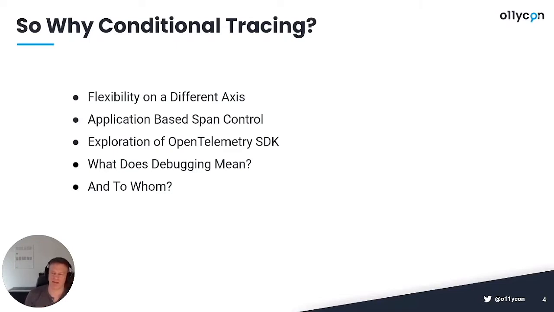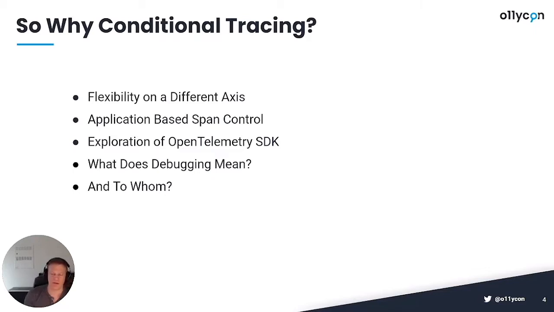It's the application itself deciding when and where it should be producing a trace and when and where it should be sampling one. In some ways, this is an exploration of just what you can do with OpenTelemetry, because I think there's an emphasis on what vendors provide rather than what applications can provide into systems.